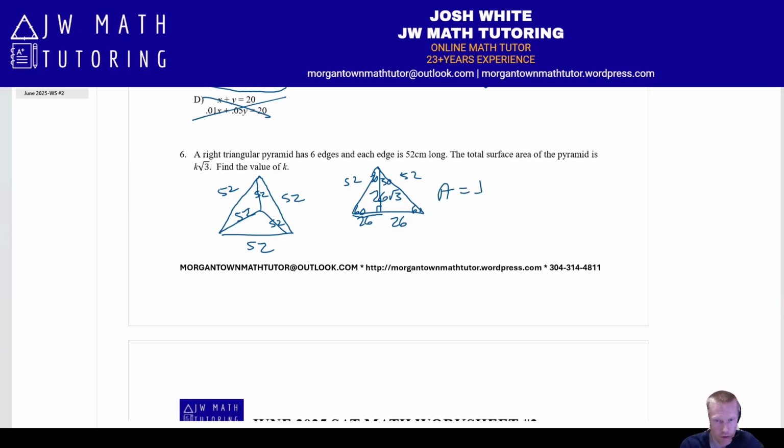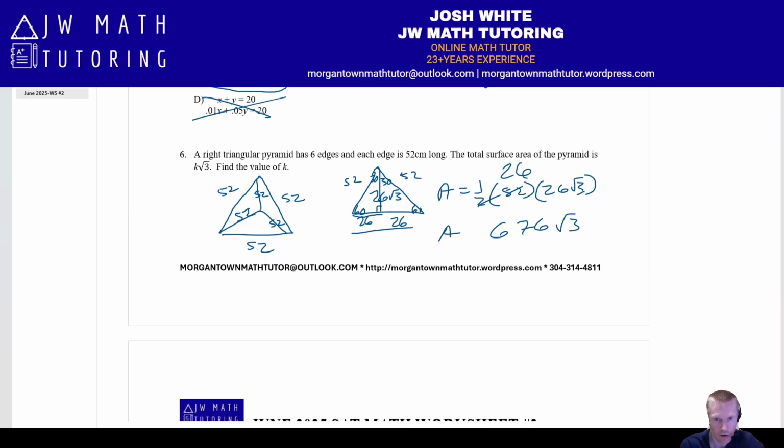So the area of one of these is going to be 1/2 times the base, which is 52, times the height, 26 root 3. So this just becomes 26. Therefore, the whole thing becomes, just making sure I get this correct, 676 root 3.